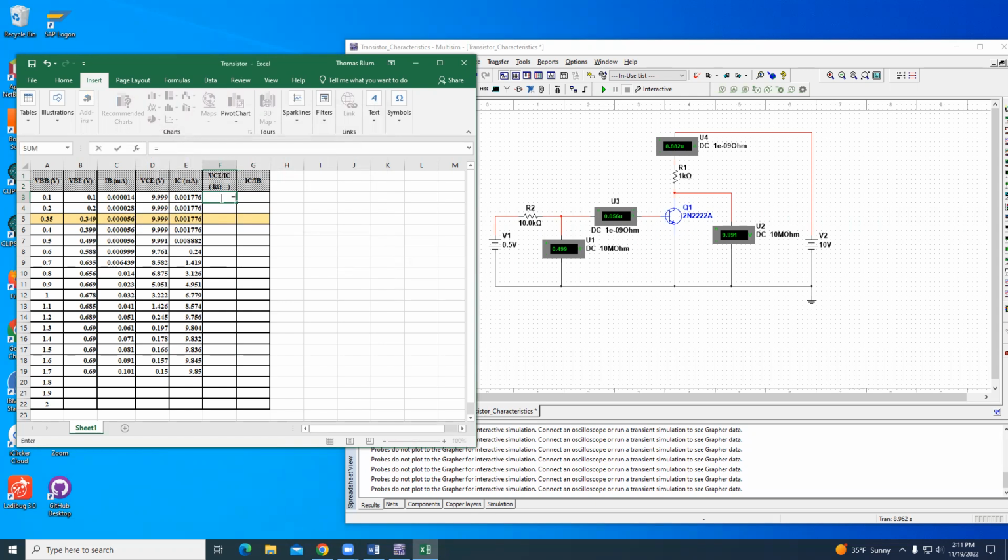So VCE was the D, and I'm dividing it by this. This is like a resistance. Well, it is a resistance. A voltage over current is a resistance, and it's like this effective resistance of the transistor.